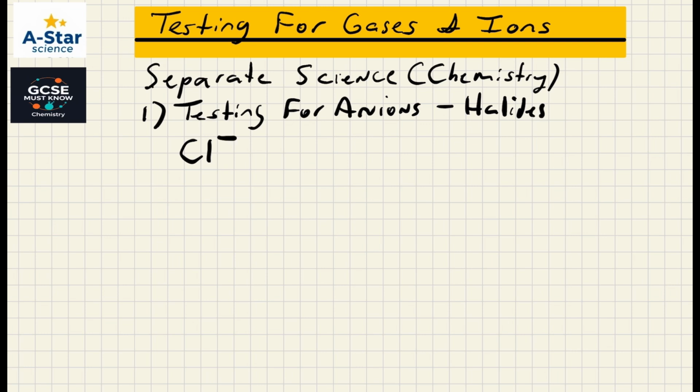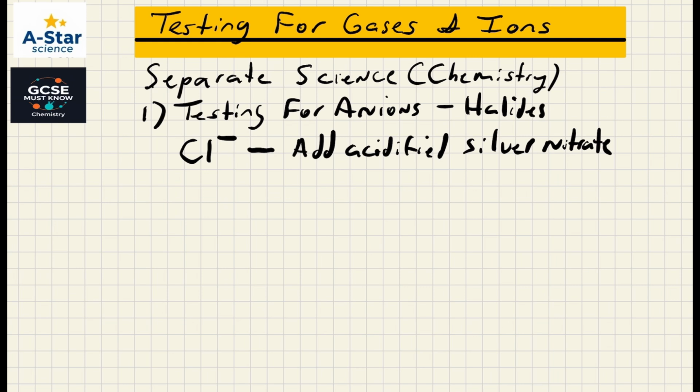So for example, chloride. The test for chloride is we're going to add a solution of acidified silver nitrate. It has to be acidified because the acid ensures that there's no impurities that could give a false result. And if chloride is present, a white precipitate will form.